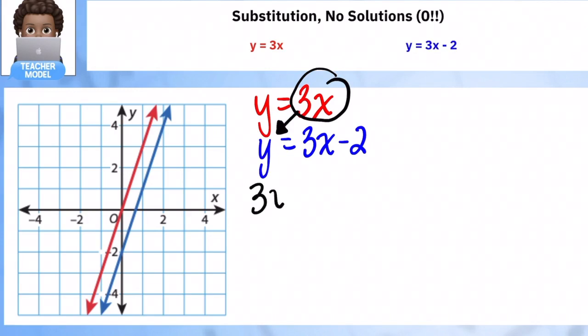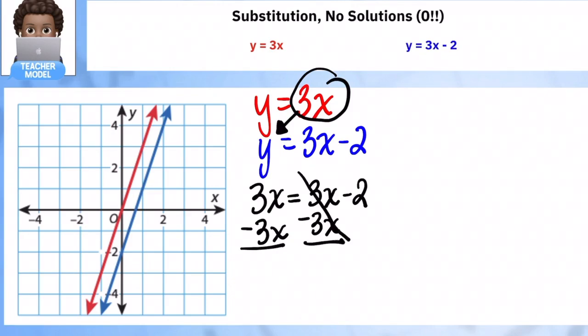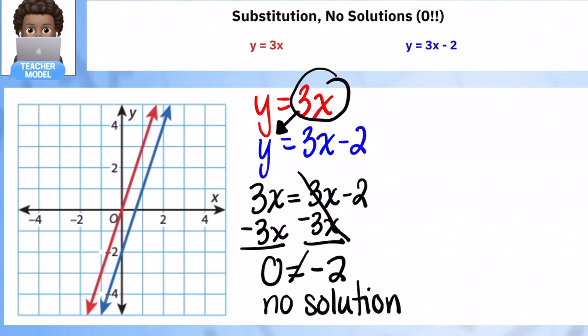So I get 3x is equal to 3x minus 2. I'm going to move this 3x over and it eliminates. So 0 is equal to negative 2. We know this means there is no solution. This is not valid. So no solution at all.